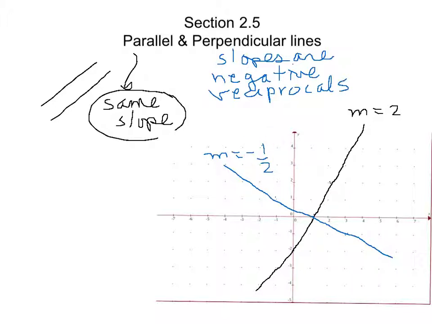If the slope is minus 1 over 2, then the negative reciprocal is plus 2 over 1. And so this right here is the important information about what it means if two lines are perpendicular: slopes of negative reciprocals. And those are the two pieces of information you need to know about parallel lines and perpendicular lines.